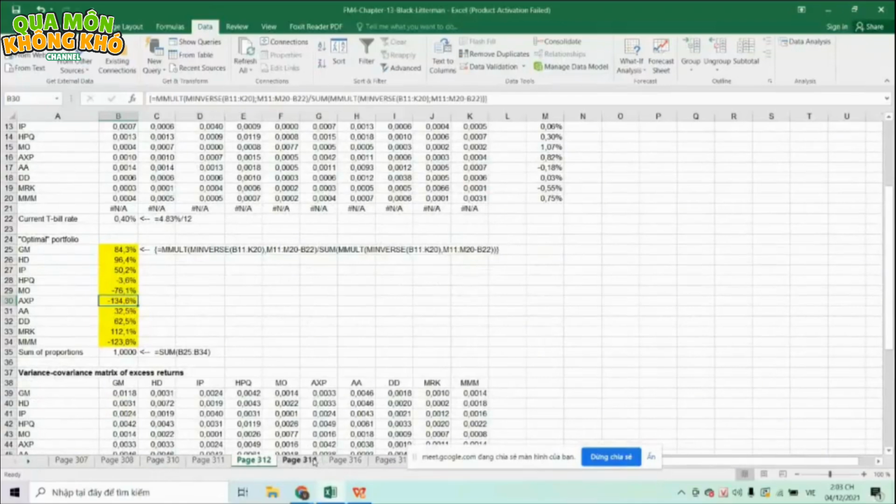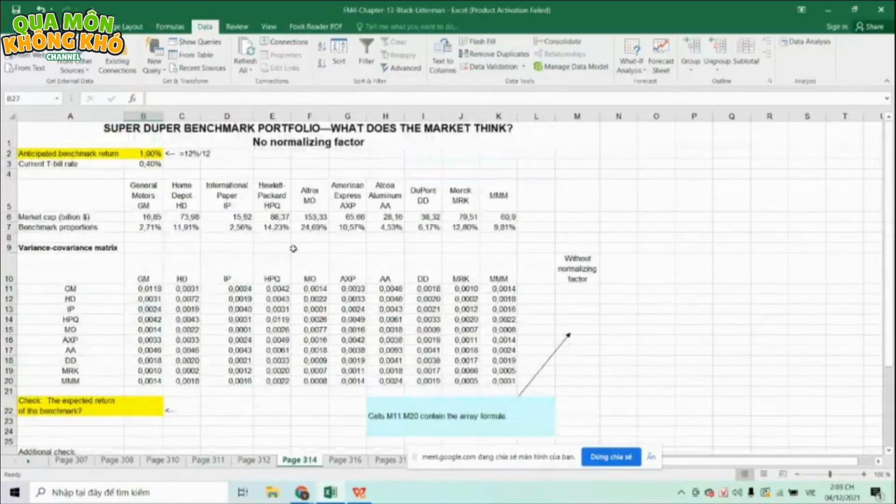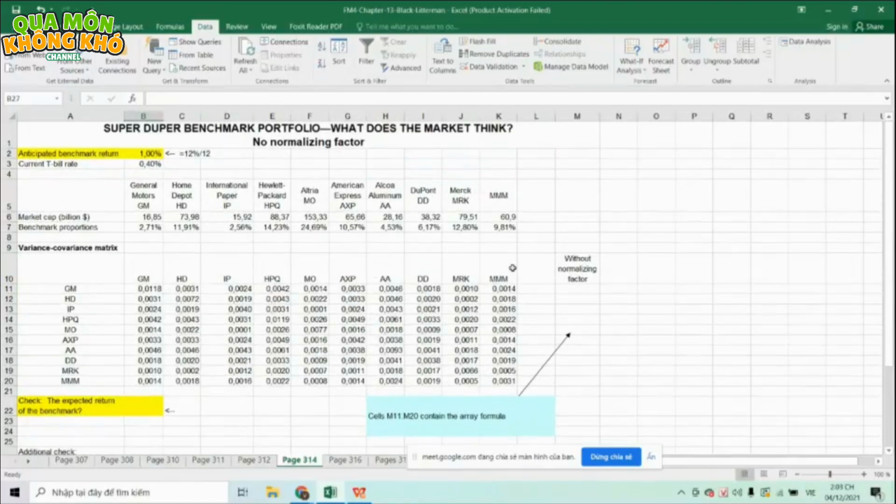And right now I will move on to page 314 with the first step of the Black-Litterman method. So first here, we will calculate the expected return with the formula that I have shown you in the PowerPoint slide.